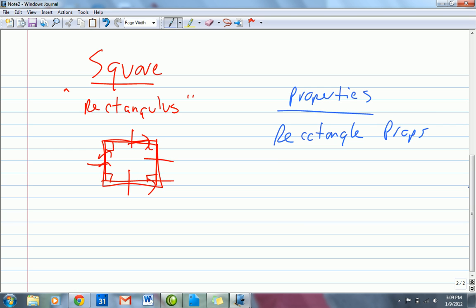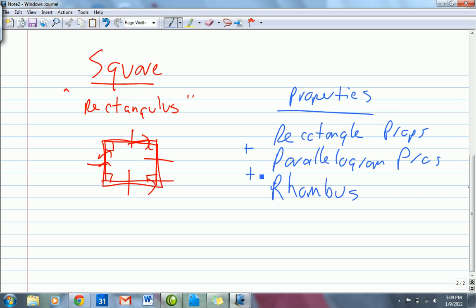Also, because it's a parallelogram too, we have all the parallelogram properties, for example diagonals bisect each other. And we have all the rhombus properties because it's also a rhombus. So we have all these crazy properties that converge to give us a square.